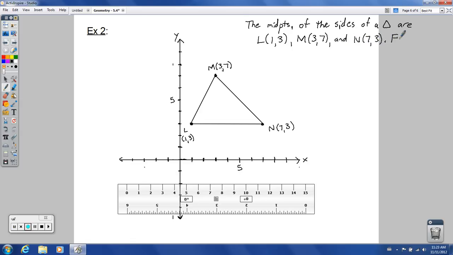And what we want to do is find the coordinates. And as you're writing this, we don't want to draw anything beneath a line that would go across here, so try to make sure that's happening as best you can, of the coordinates of the original triangle. Coordinates of the vertices of the original triangle.